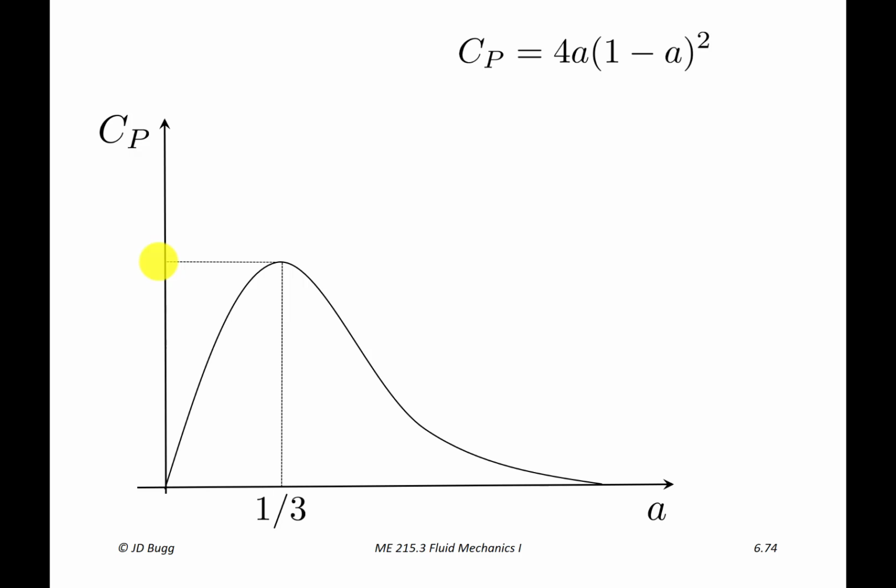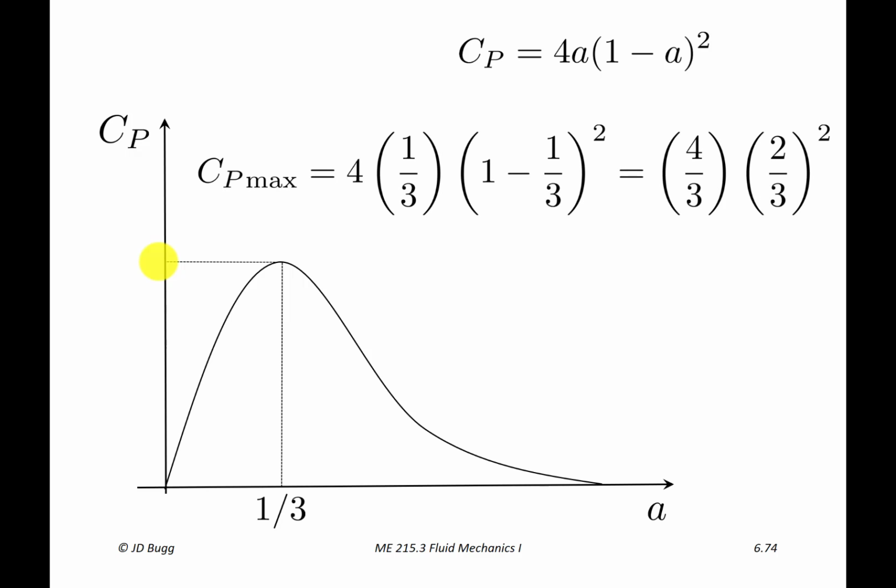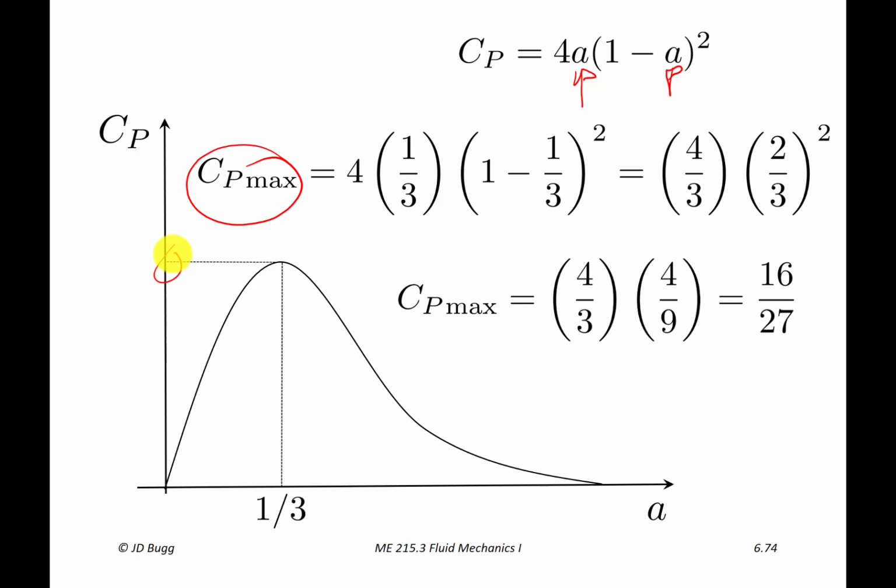So back to our CP relationship, we know that A is 1/3, so we can just substitute a 1/3 in there and in there. So we'll now be finding CP max, this value here. So just putting 1/3 in there and solving this, it comes out to 16/27.